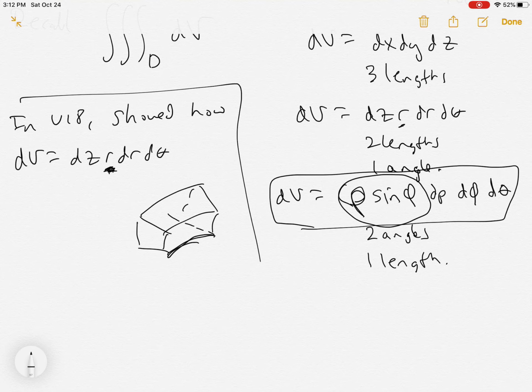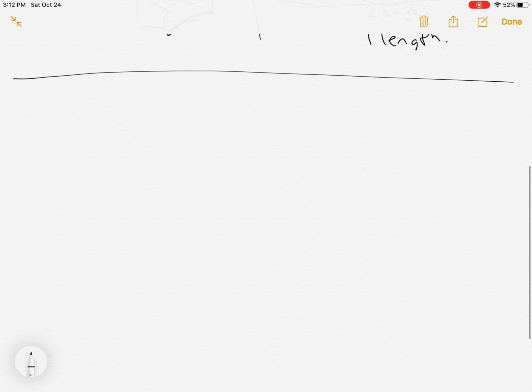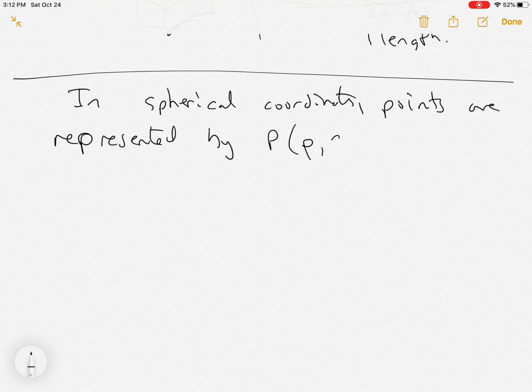Okay. All right, so piggybacking off the last video, in spherical coordinates, points are represented by, like I said, one length and two angles. So the length is rho, and the two angles are phi and theta.